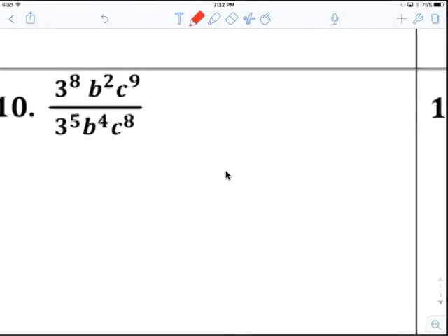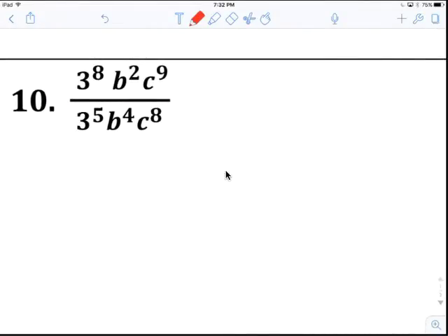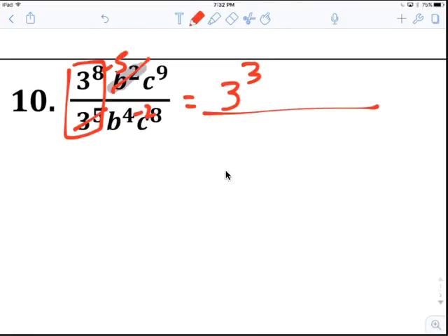Okay? Here, since the bases are the same here, you subtract them. You get rid of this one, minus 5. So your answer then is 3 to the third power. b, this one is smaller, so you cancel that, minus 2. It stays in the denominator.